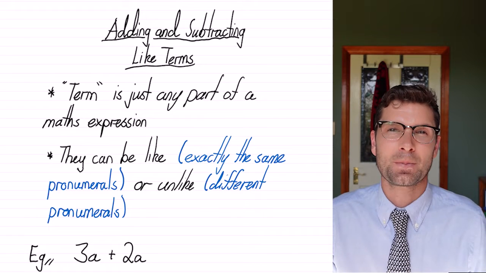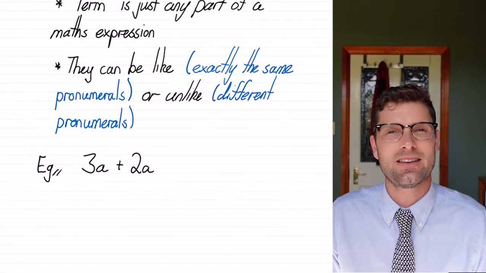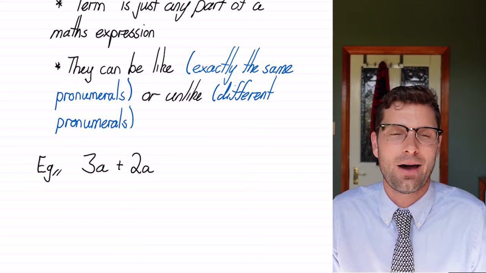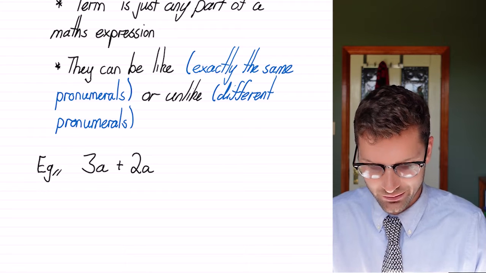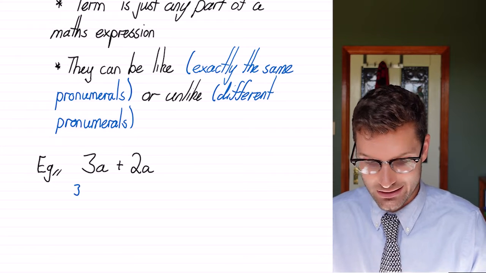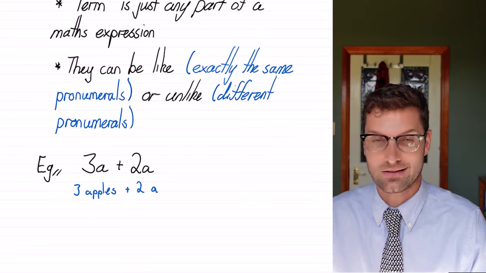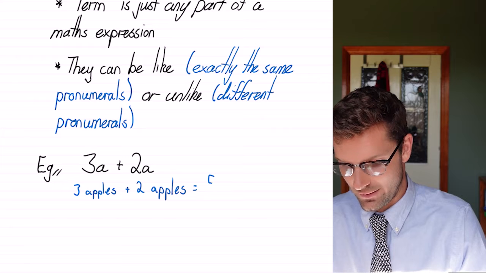For example, if you've got 3a plus 2a, the easiest way that I think about this is with fruit, which is obviously pretty stupid, but it works for me. If I had 3 apples and then got given another 2 apples, I would obviously have 5 apples. Oh, I've spelled apples wrong.